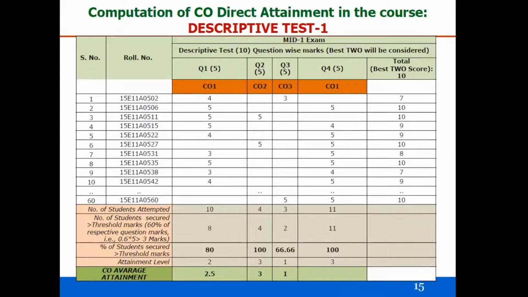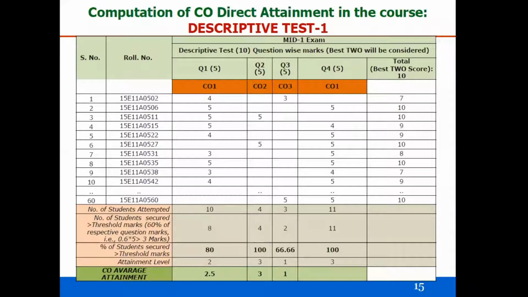Here you have to remember one point. So generally the syllabus consisting of 5 units distribution. So the first midterm consisting of first 2.5 units. So first 2.5 units generally mapping with first 1, 2, 3 COs or 1, 2 COs. That depends on the COs defined by you. Then mid 2 the remaining latter part of the syllabus, last 2.5 units. So last 2.5 units, other COs are there.